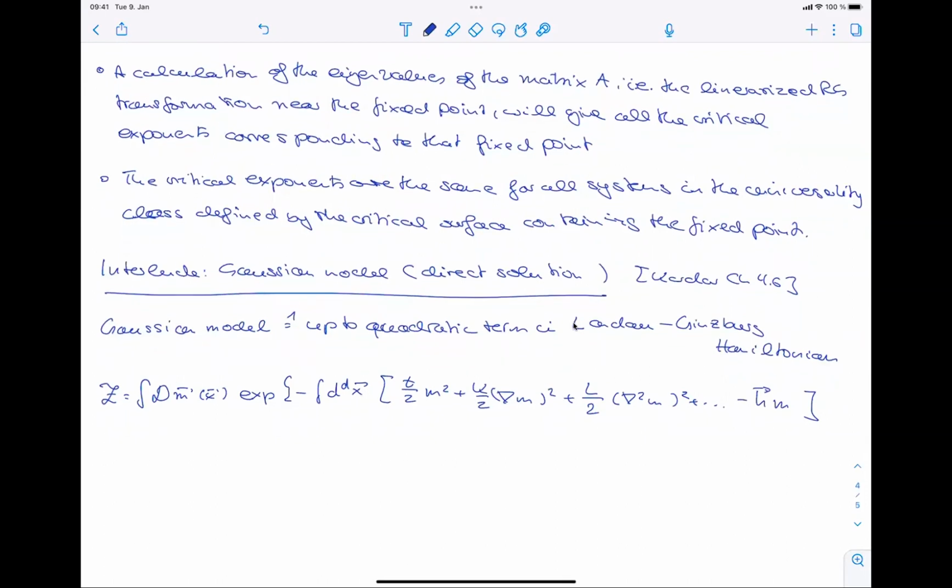To solve for the critical exponents, the usual trick is to go to the free energy and then calculate the thermodynamic variables directly. To achieve that, we go to Fourier space.